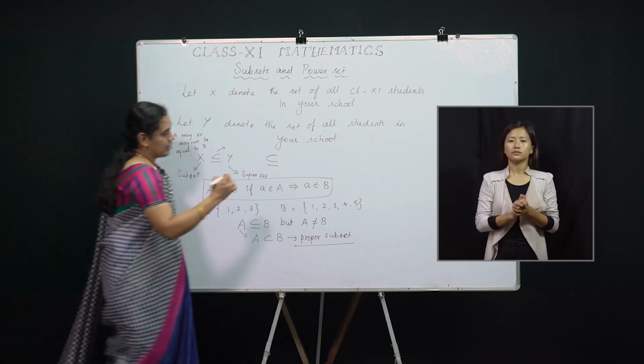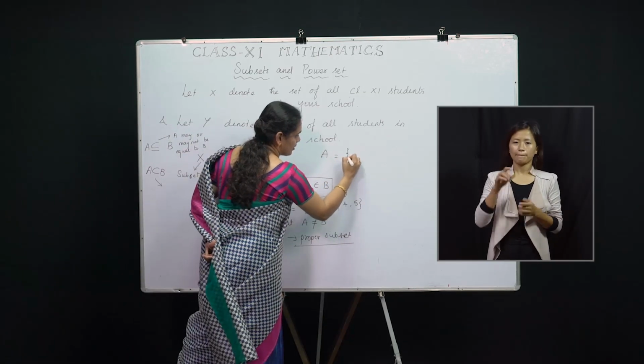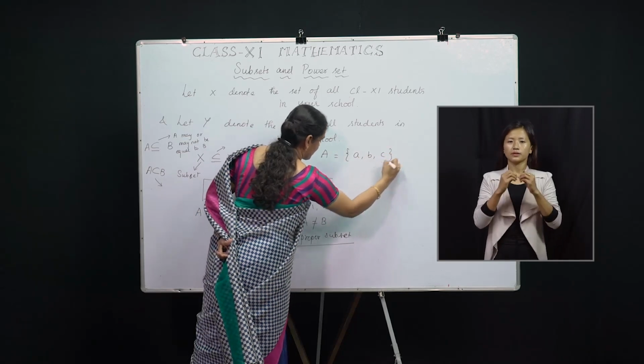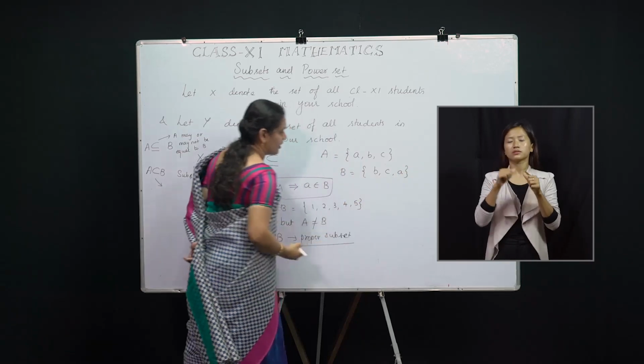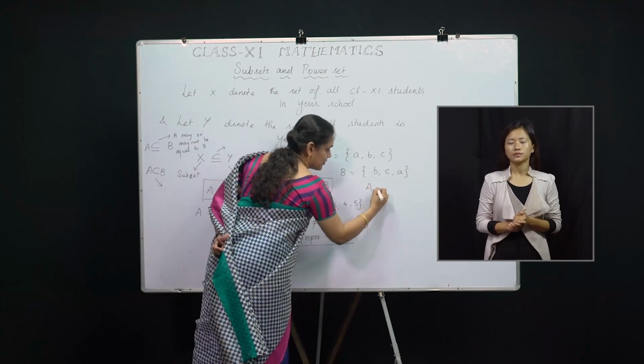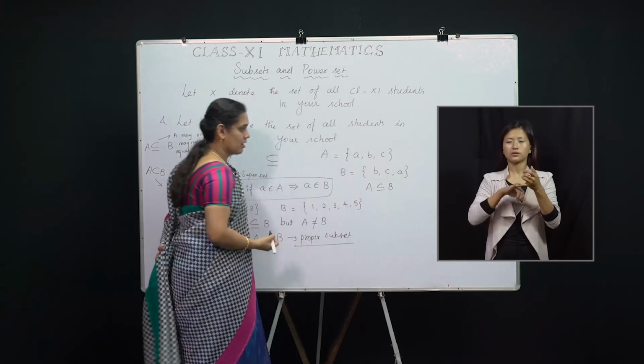Okay. And here, let me take another example. A is {a, b, c} and B is {b, c, a}, right? A is a subset of B, right? Okay.